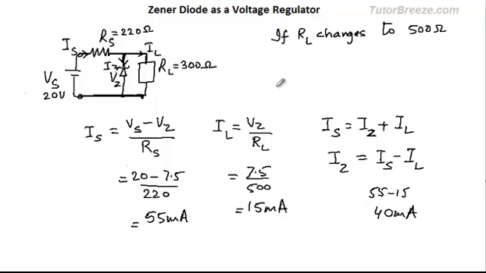See, the advantage of a Zener diode is even if the current through the Zener changes, the voltage remains fixed. So over here now the current has changed to 40 milliampere. You have a greater current flowing through the Zener diode, but the voltage across it remains the same at 7.5. So the voltage across the Zener can remain the same whether the source voltage changes or the load resistance changes.